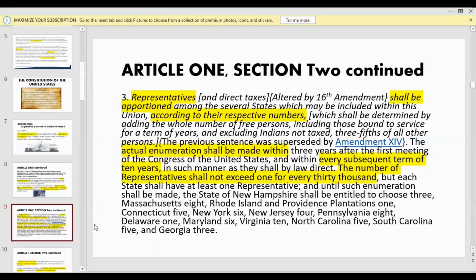Now, if the representation to Congress is going to be based on population, who do you leave the counting to? Are you going to let the states do the counting? Are they going to cheat? Are they going to say, oh, look off there in the distance, there's a person, let's count them?